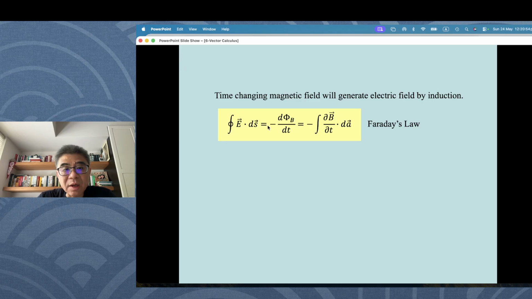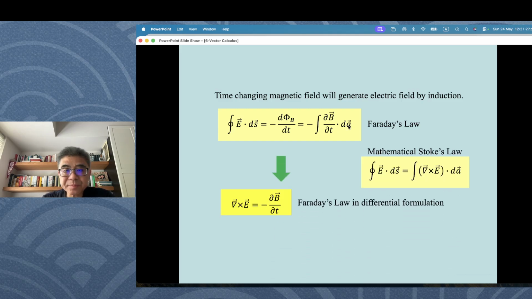Faraday told us it is equal to minus d phi B over dt, the magnetic flux. The magnetic flux is defined as the surface integral of the magnetic field. On the right-hand side, only the magnetic field will change with time. The dA does not change with time. Therefore, the right-hand side could be written as the time derivative of the magnetic field dot dA.